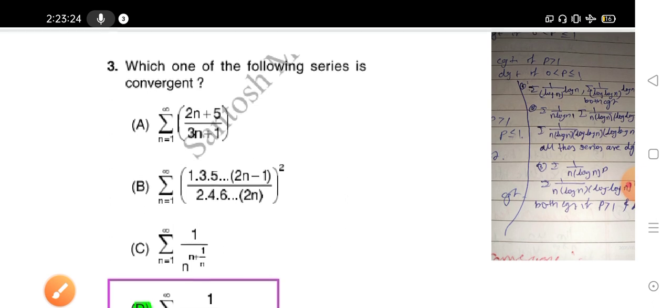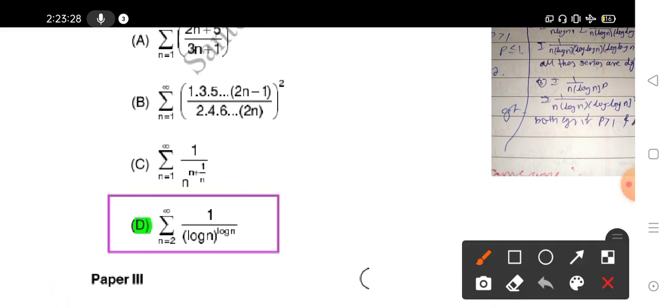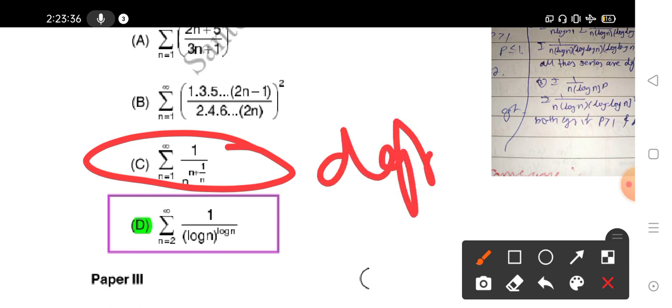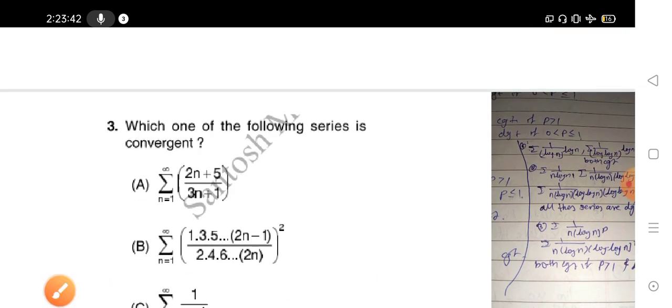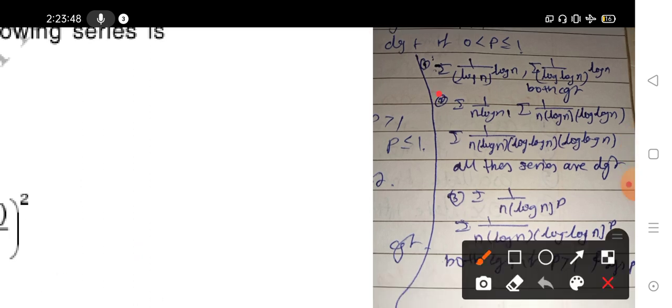Next question, which one of the following series is convergent? This question is repeated; I previously said this is divergent and this is convergent, log n raised to log n. Here is one important note: 1 upon (log n) raised to log n, both are convergent.